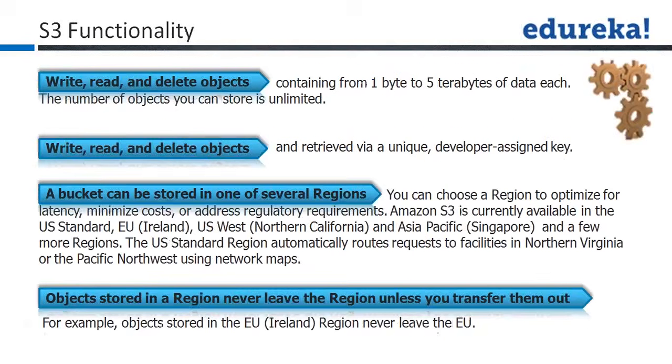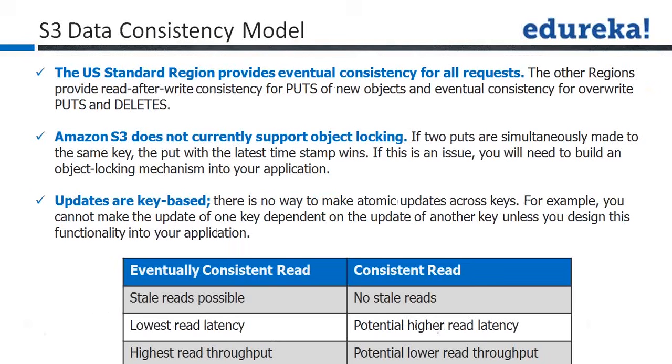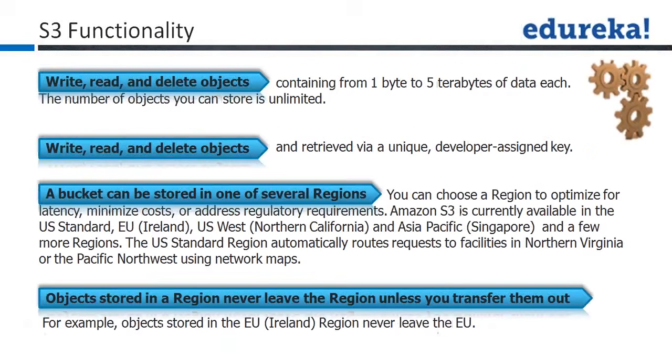Now in S3, the difference between eventual consistency and consistent read is that eventual consistency gives you much lower latency and higher throughput. So that's also one of the reasons this is a very helpful case. It provides much better throughput also. Now, this eventual consistency model, I would recommend everyone read an article from Dr. Werner Vogels.